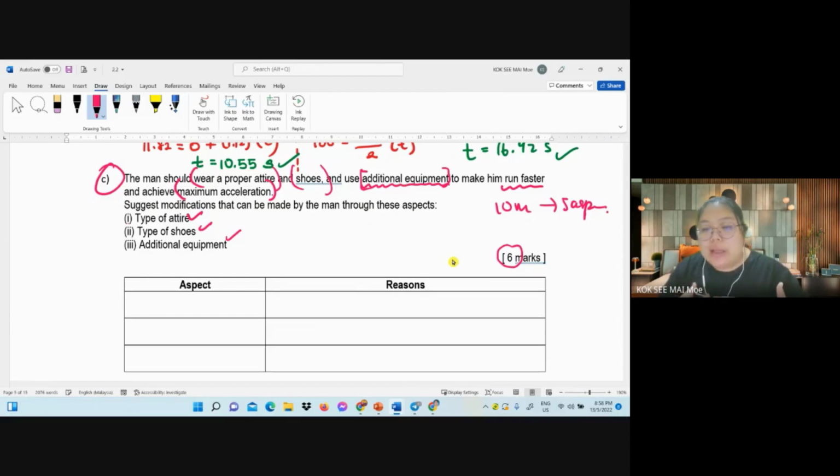The air going in is a friction that prevents you from running faster. So from here, normally for the attire, we say you need to wear tight, or you say light, 轻一点的. Okay, wear tight or light attire.